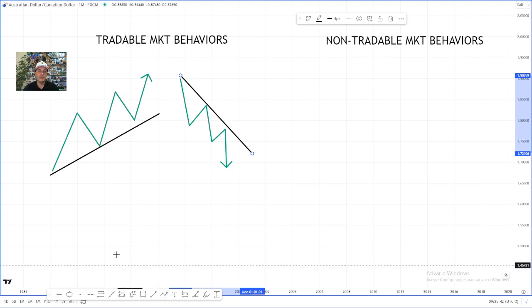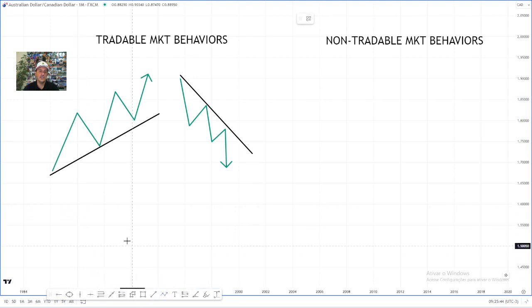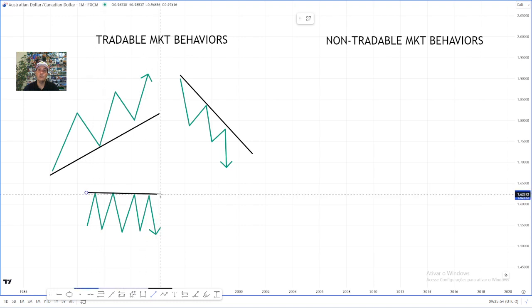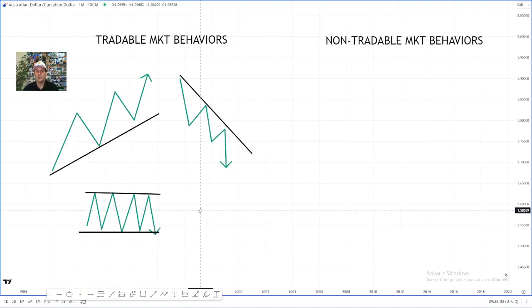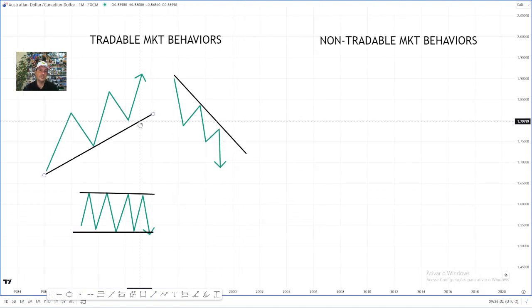Lastly, we have consolidation or sideways movement or channel, different vocabulary talking about the same thing, when you have more or less equal highs and more or less equal lows. Those are the 3 easy to spot, easy to understand, easy to see, easy to trade market behaviors, for the beginner traders, of course.